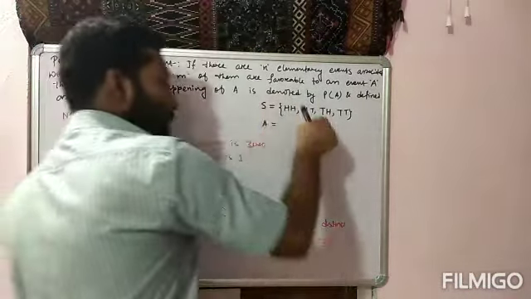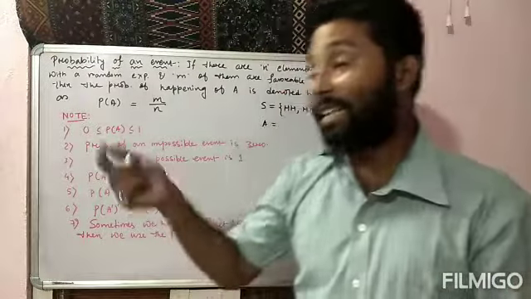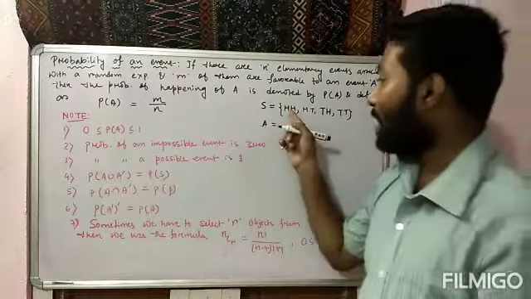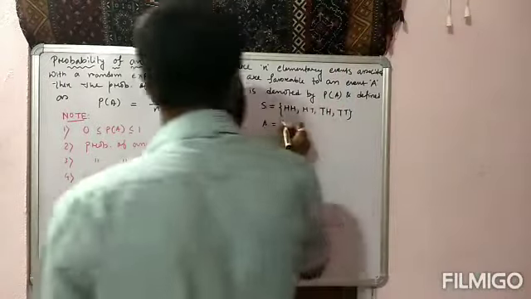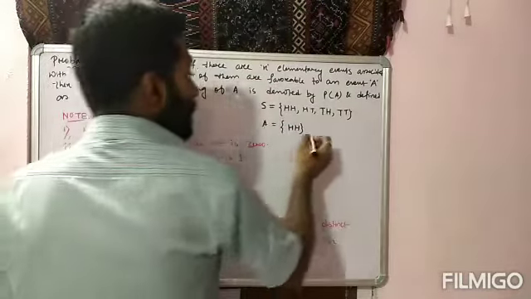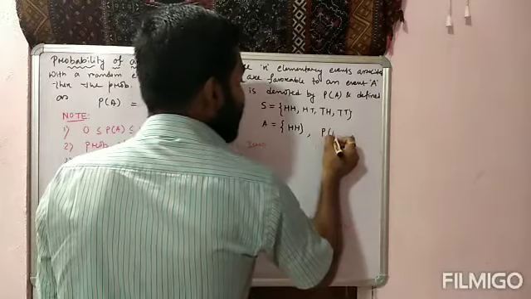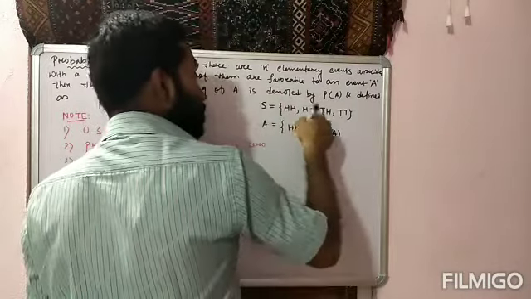So in this sample space, how many such sample points are there getting 2 heads? There is only one sample point, HH. So A is equal to curly bracket HH. So what is the probability of getting exactly 2 heads if a coin is tossed twice?